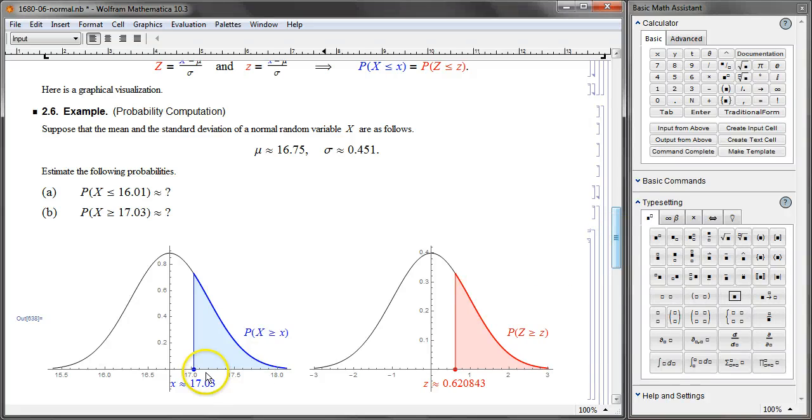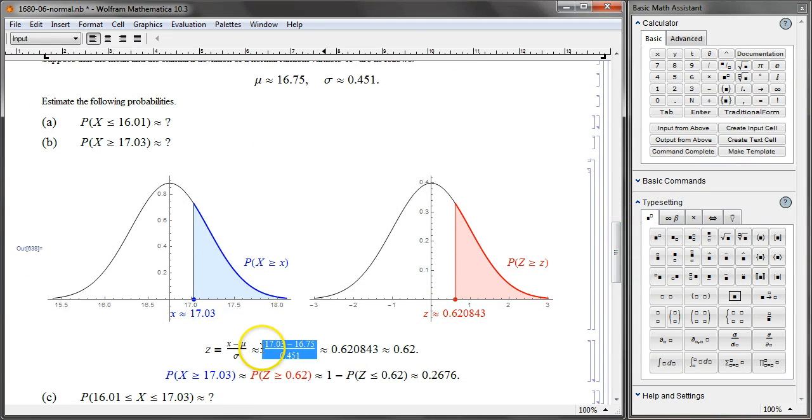We have this kind of picture, and find out the z-score using x minus mu over sigma, the standardization. And then what do you get? We get 0.62. So we get the same picture, but with this z-score this time.